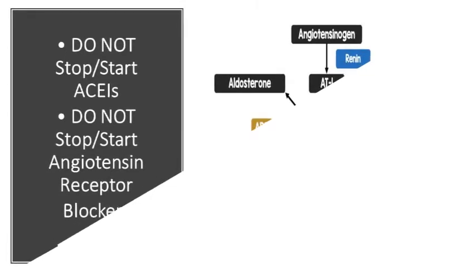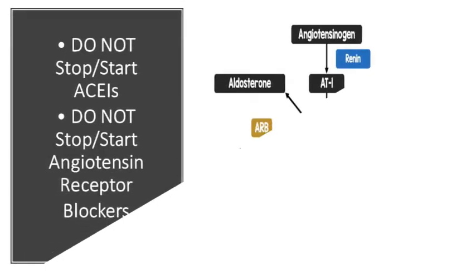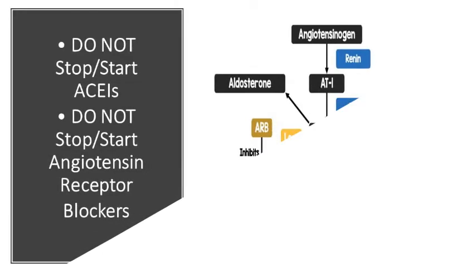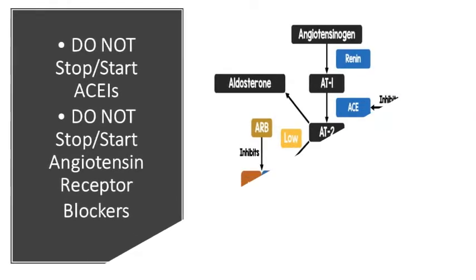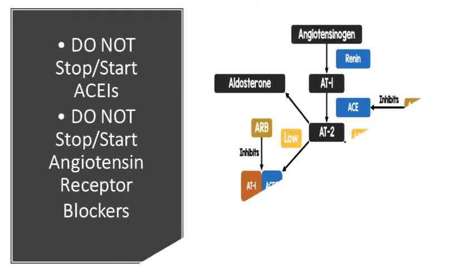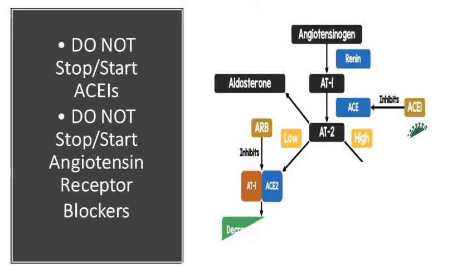But angiotensin 2 itself works on the angiotensin 1 receptor. It has high affinity to the angiotensin 1 receptor, not to angiotensin 2 receptors. So this will leave more expression of angiotensin 2 receptors, which are receptors for COVID-19.